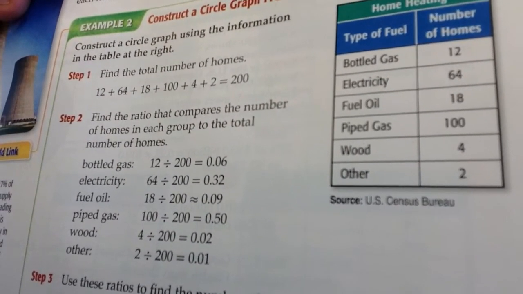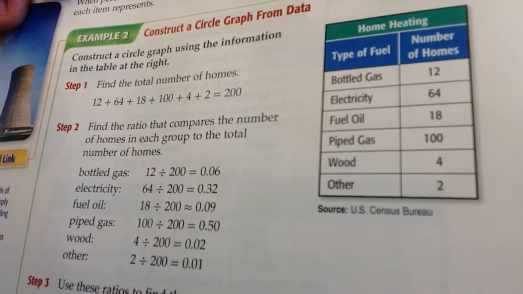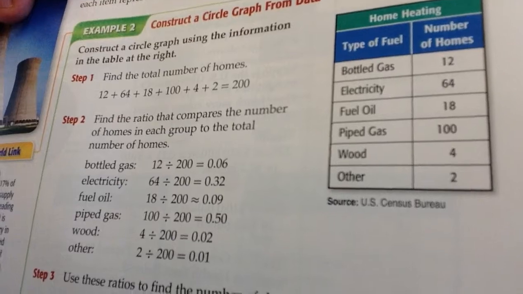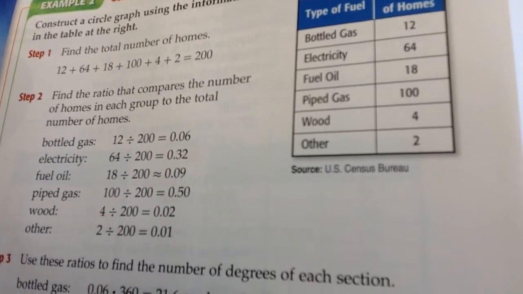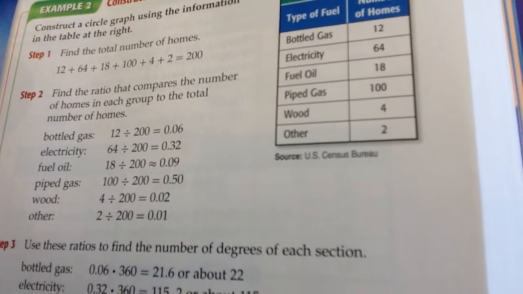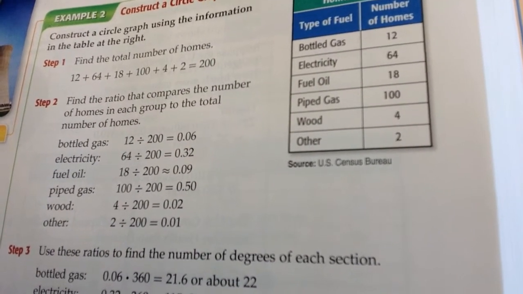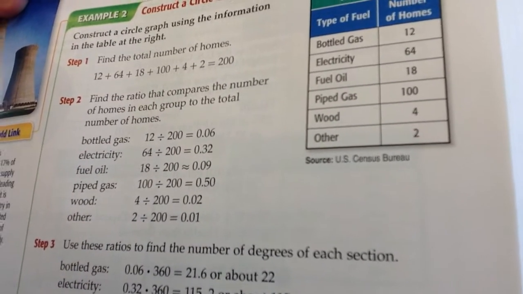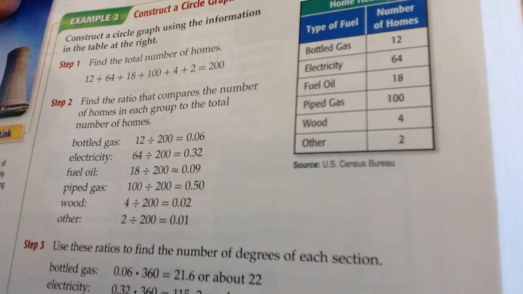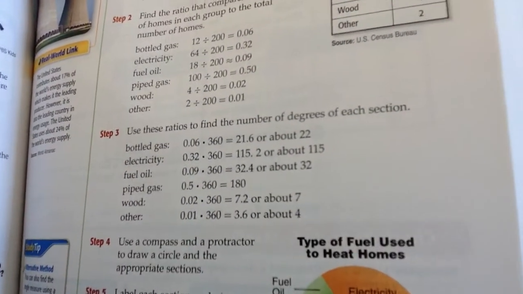Then they did the same thing as before. You take the number of homes that used bottled gas, which was 12, and divide 12 by 200, and you get 0.06. That tells you the percentage of homes using bottled gas. You do the same thing with electricity and fuel gas. You can see the piped gas was 100, so 100 divided by 200 is 0.5. Then you change those into percents.